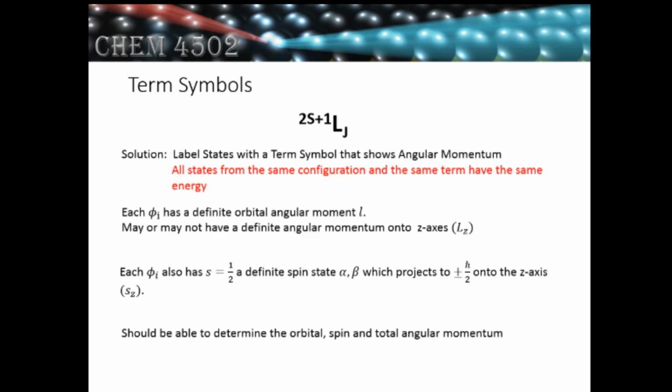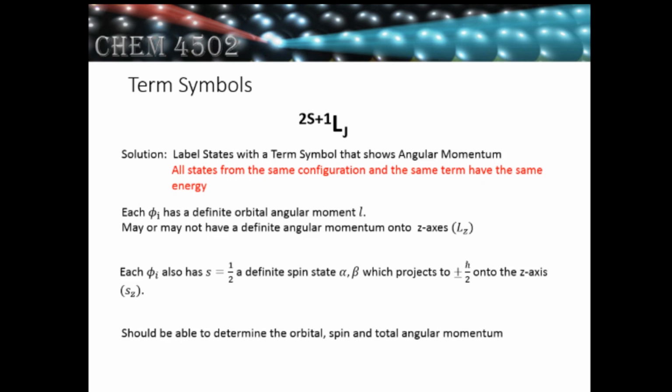We're going to label a state with a term symbol that shows its angular momentum. All states from the same configuration and the same term symbol are going to be degenerate. Knowing the term symbol, in addition to the electron configuration, will give us a much more precise handle on what the electrons in our system are doing.